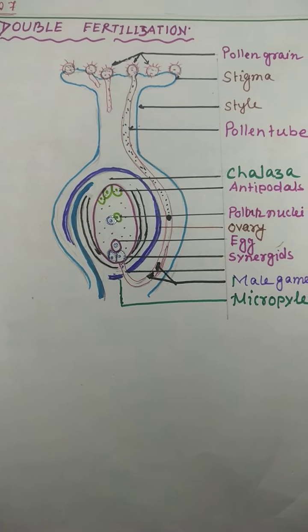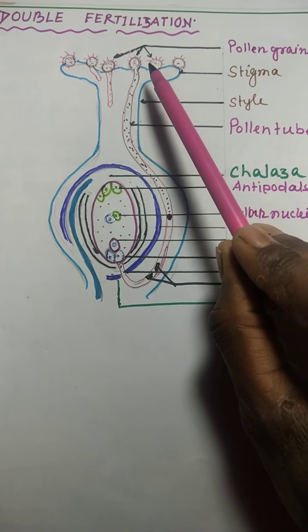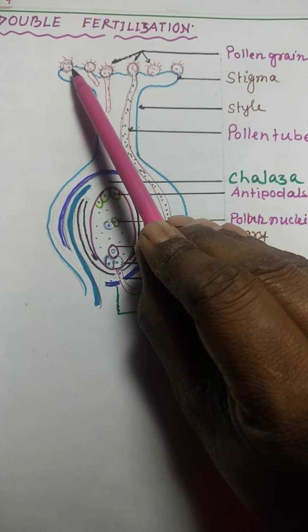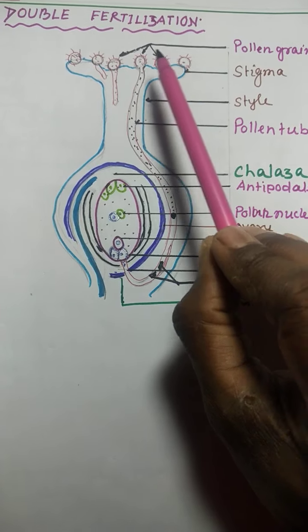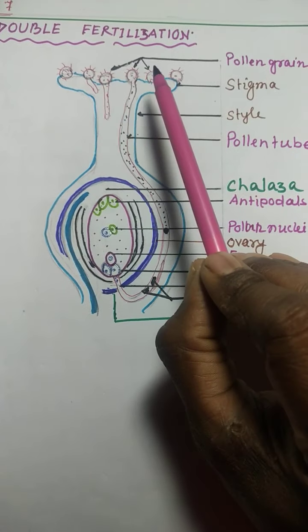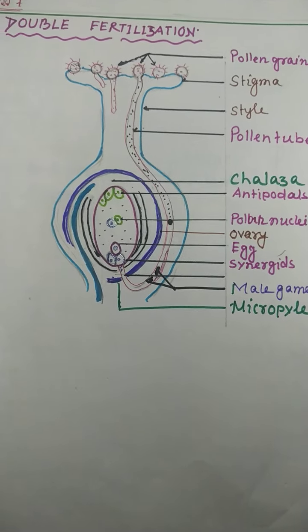For fertilization, a large number of pollen grains land on the stigma to germinate, like this. After landing on the stigma, pollen-pistil interaction takes place.